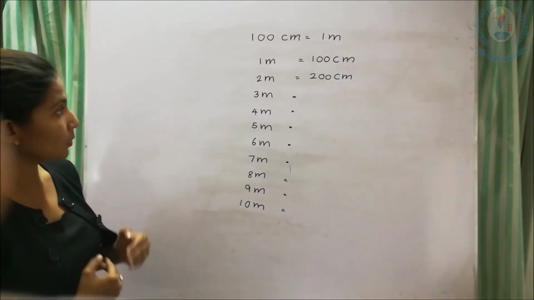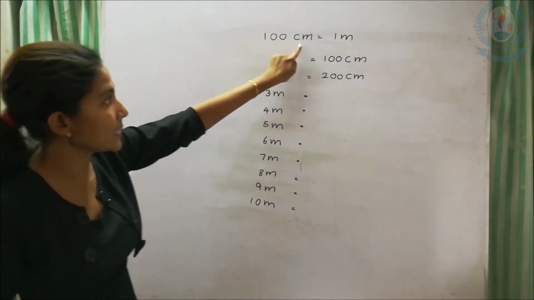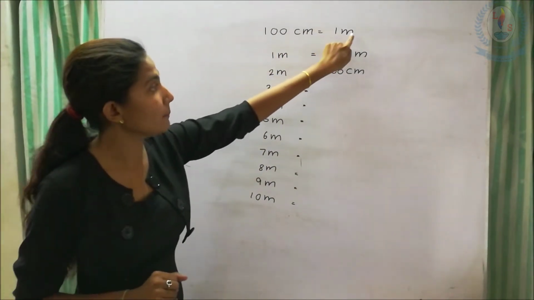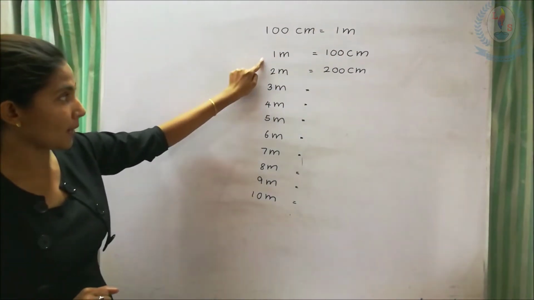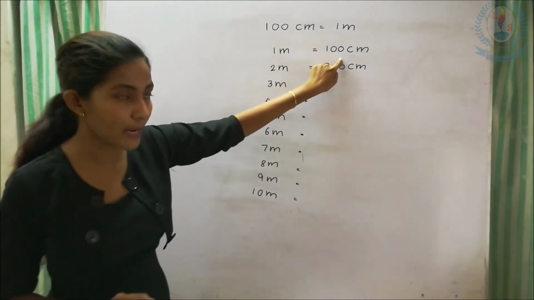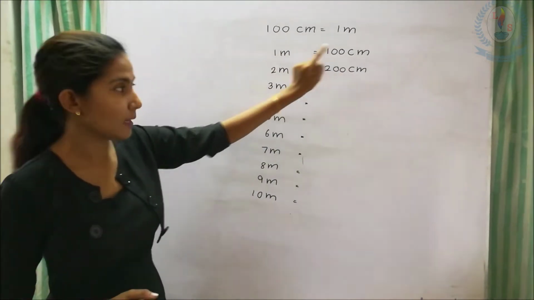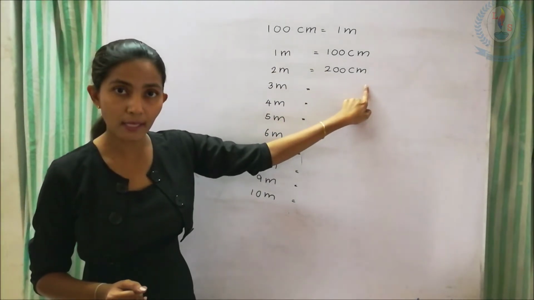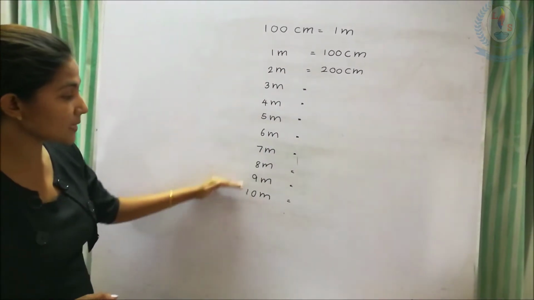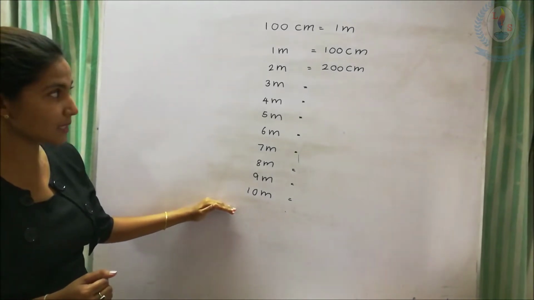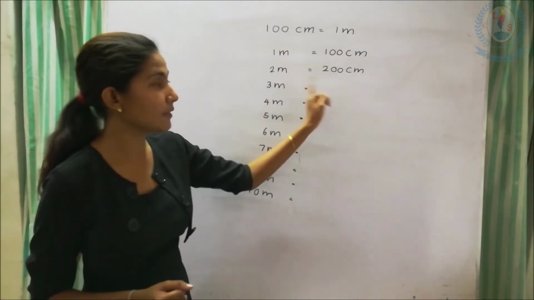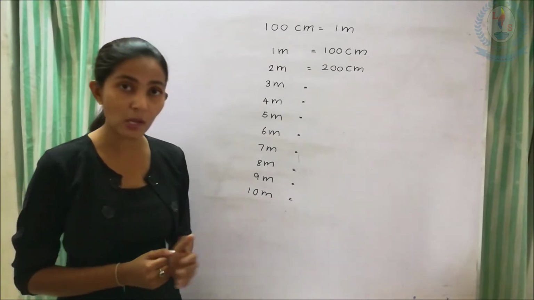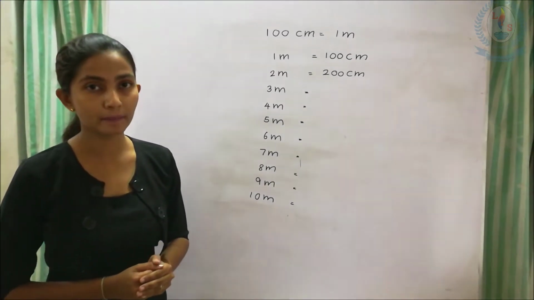Once again, look at what we learned. 100 centimeters means 1 meter. Then 1 meter means 100 centimeters. Then 2 meters means 200 centimeters. Can you all guess the other centimeters? There's a pattern. Observe the pattern and complete these also as homework.